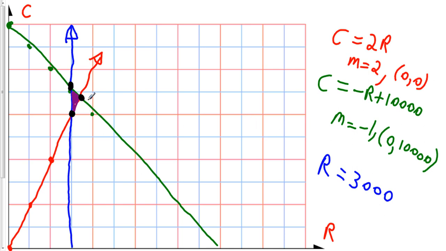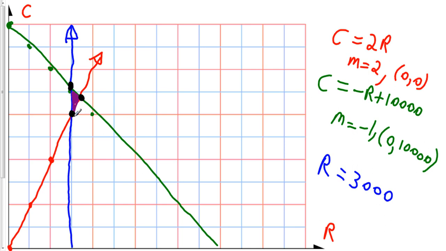Well, the blue line is easy because on the blue line, all the values of r are 3,000. So this point, for instance, has a value of r that is 3,000 because it's on the blue line. And if you know that r is equal to 3,000, you can figure out where you are on the red line. If r is equal to 3,000, you plug 3,000 in here, you get C is equal to 2 times 3,000, which is 6,000.